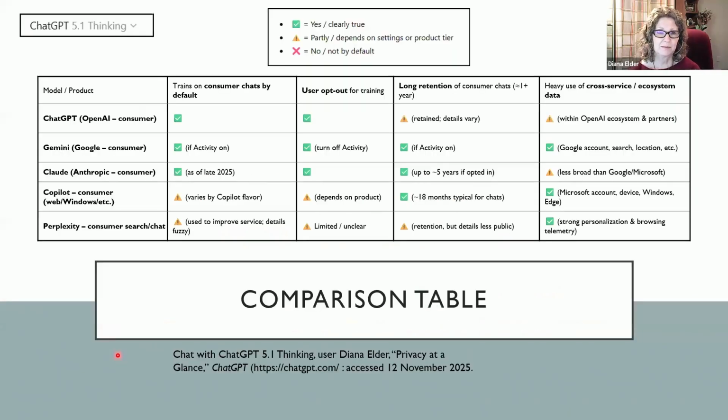Now, I did want a comparison table because I thought it would be easier to see really quickly what each one does. The green icon is yes, it's clearly true. The triangle is partly true, depends on settings or product tier. And I've really noticed this: it changes depending on whether you are free, or paying the $20 a month, or paying $200 a month.